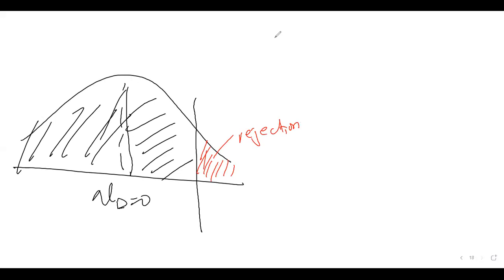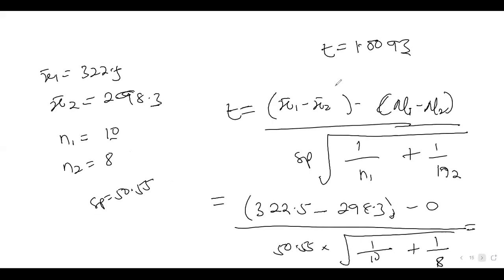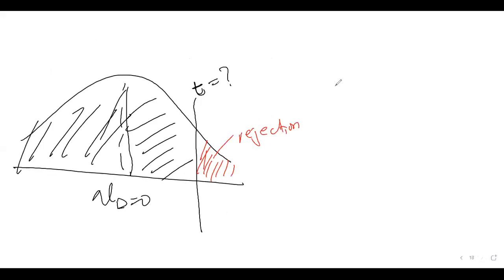So how do we get our critical bound? We have to go and look for the critical T. How do we look for the critical T when it comes to paired samples?